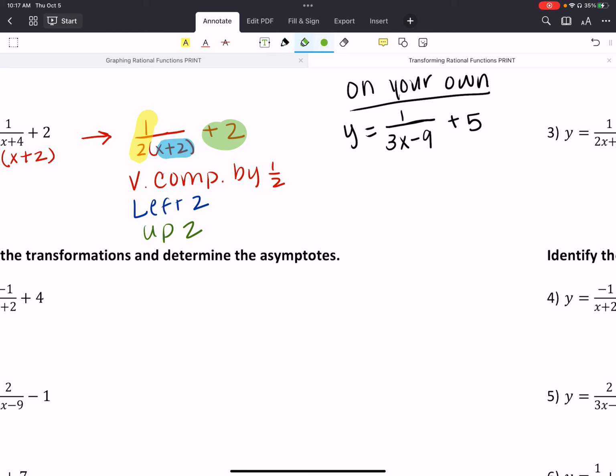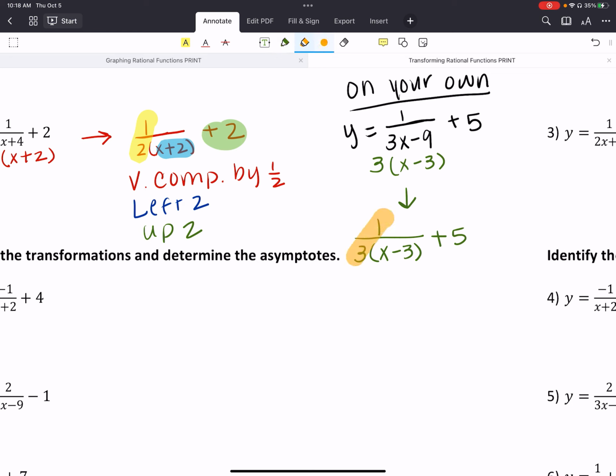So when we go over this one, I'm going to take this 3 out as a GCF. So I get x minus 3. And then if you rewrite it, you're going to get 1 over 3 times x minus 3, plus 5. And then we just simplify down.